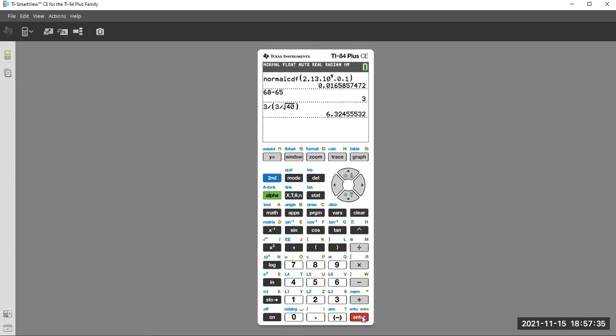There's the test statistic. Suppose I had tried just 3 divided by 3 divided by and you see you don't get the same result. So you've got to be careful about some of these calculations.